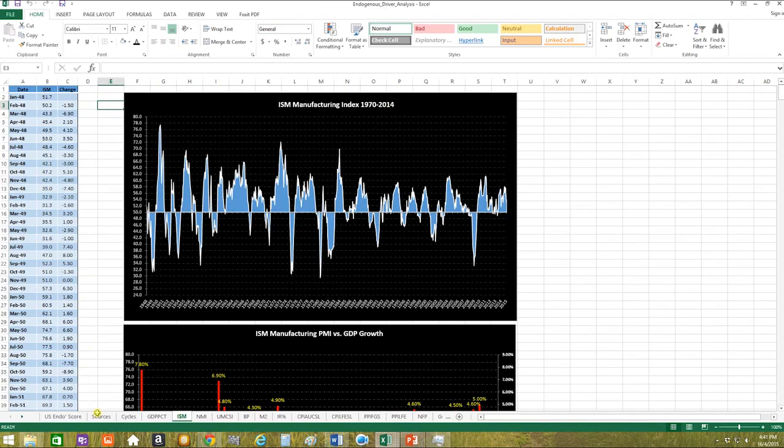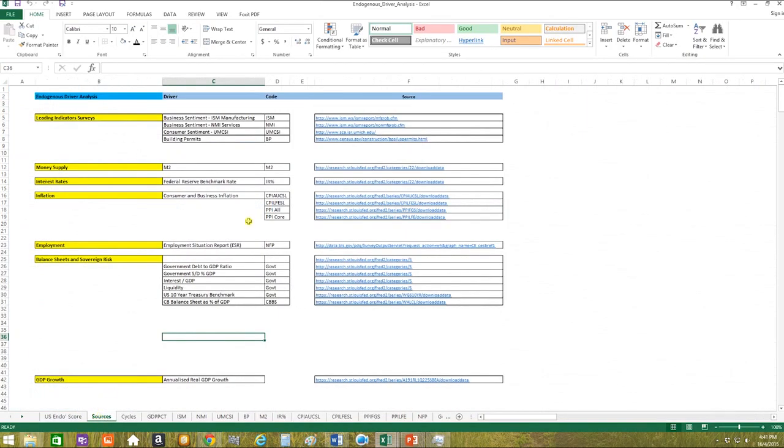Now, where do we get this data from? Well, let's go into our sources. If you look in the sources tab in the spreadsheet endogenous analysis, which is available in the download section, you'll see the link here.